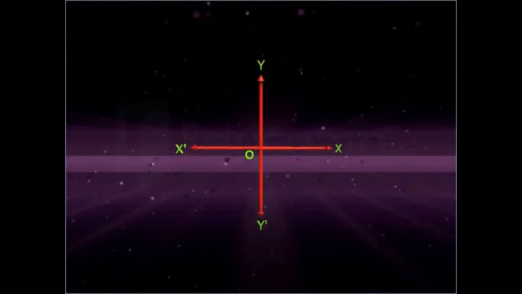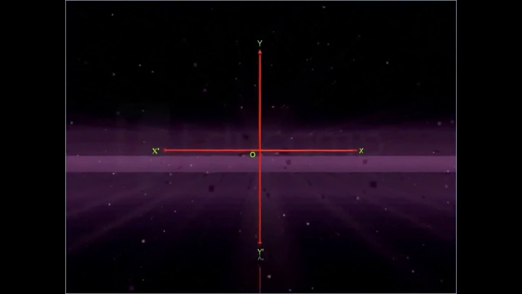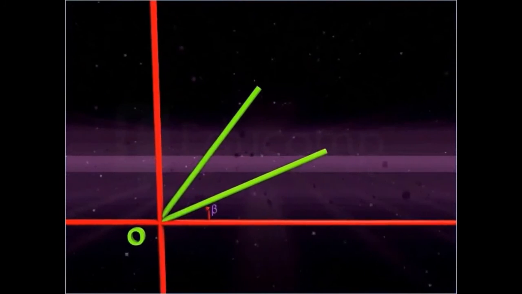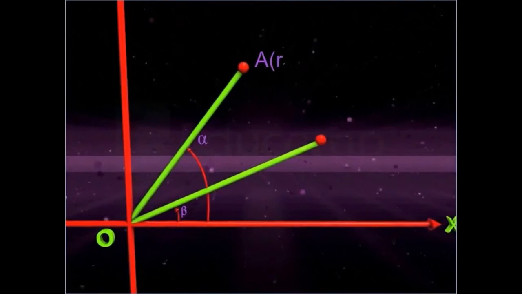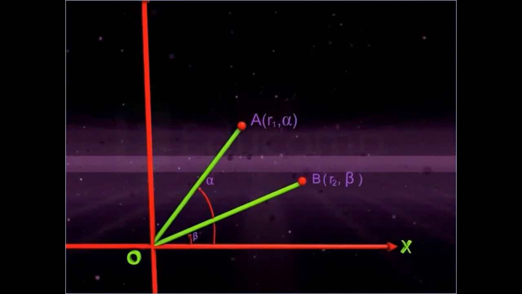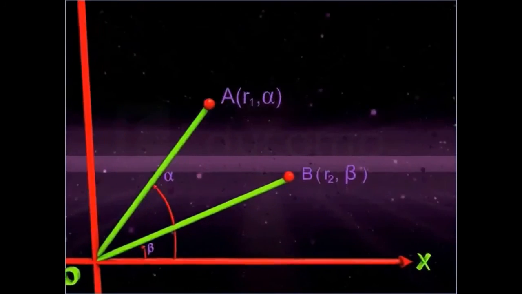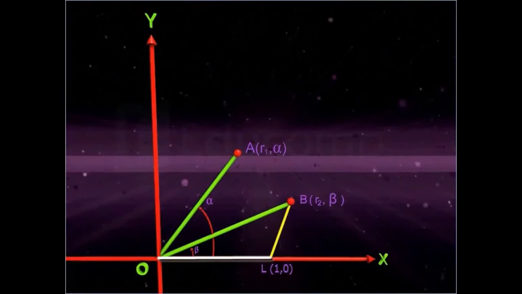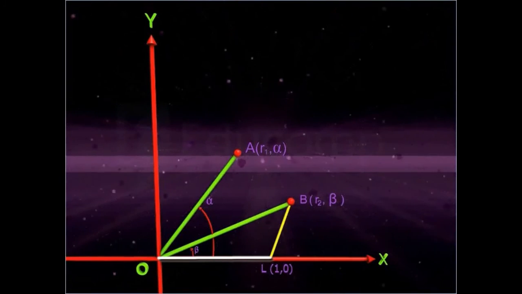Now, to see the geometric representation of division of two complex numbers, consider again two complex numbers with polar coordinates (r1, alpha) and (r2, beta) in the polar plane. Draw triangle OBL such that OL lying on the real axis has unit length.